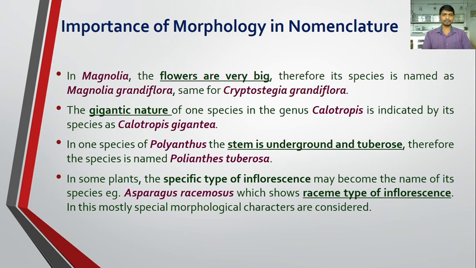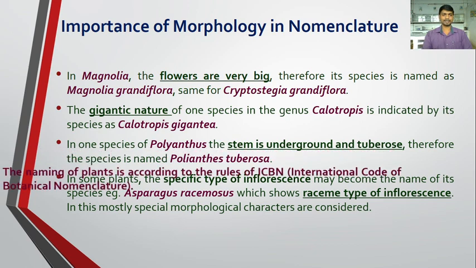For example, Asparagus racemosus. The species name racemosus has been given for the raceme type of inflorescence found in the plant. So in the genus Asparagus, the raceme type of inflorescence is seen, so the name of the species is racemosus. In this, mostly the special morphological characters are considered.